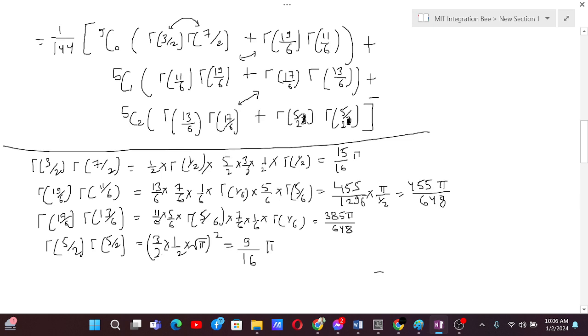Let's just slightly zoom it out. And now this will be 1 by 144. 5C0 is 1.